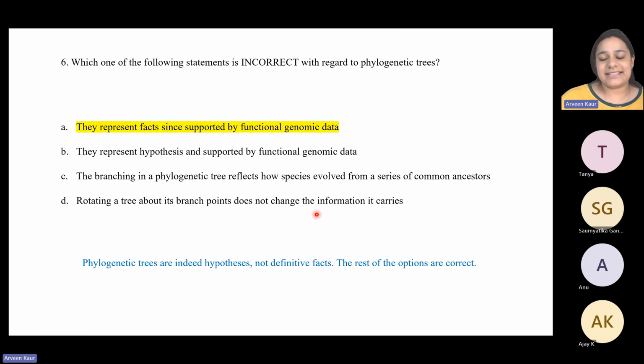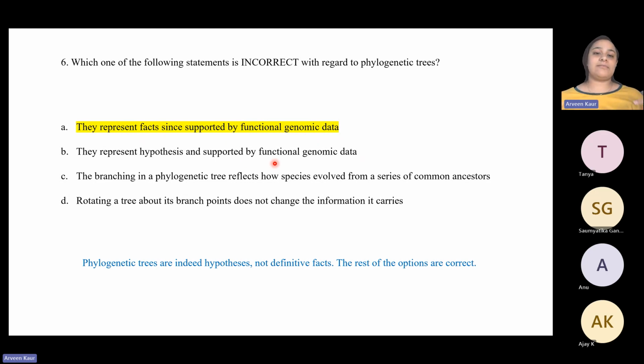So an easy guess when you narrow it down to two options, right? So the two options could either be A or B. Why would that be the case? Because these two options are basically saying opposite things. So only one of them can be correct. One of them says that they represent facts, which is supported by functional genomic data, while the other says they represent hypotheses, which is supported by functional genomic data.